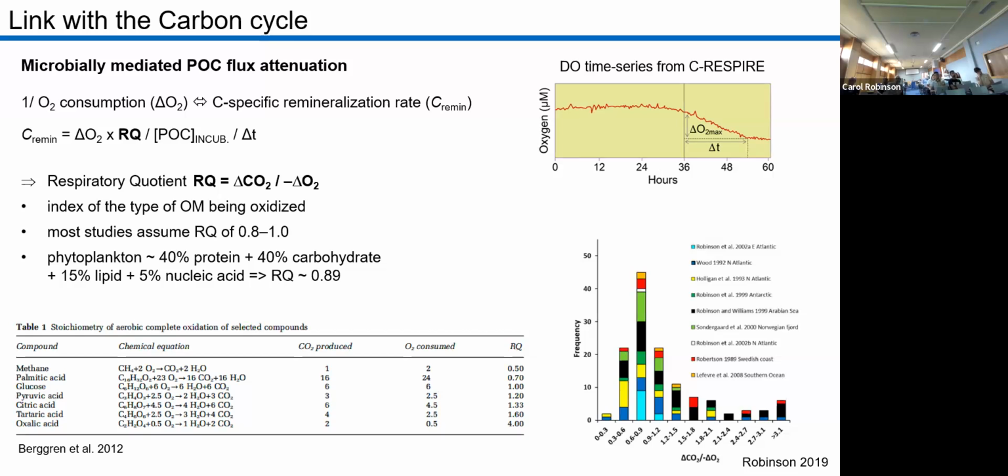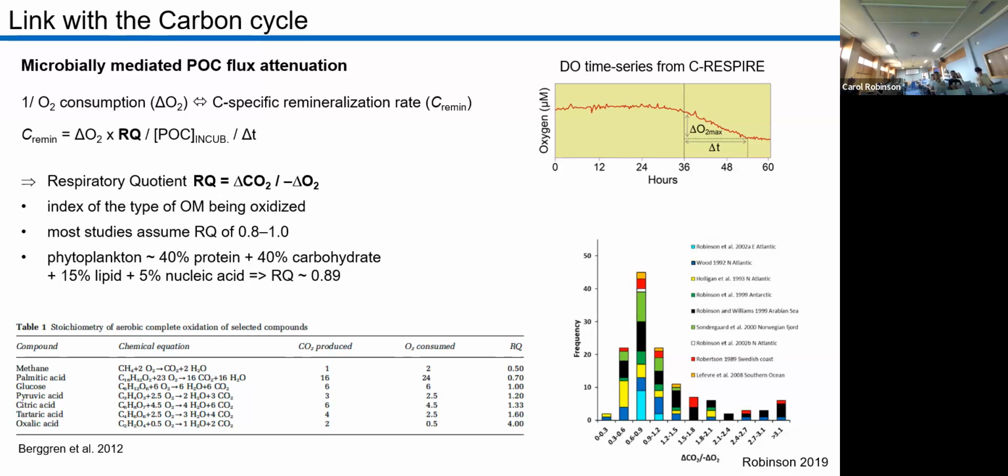What I just want to illustrate is the very large range of RQ values that have been measured. So when you assume a value, you add some uncertainties to your measurements. So usually most studies assume a RQ ranging between 0.8 and 1.